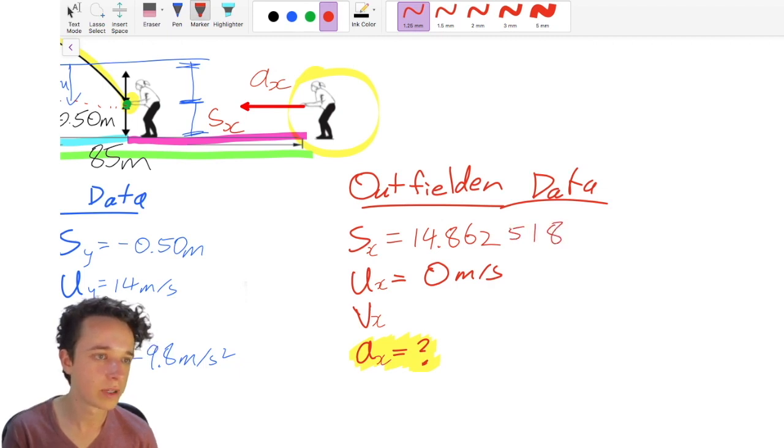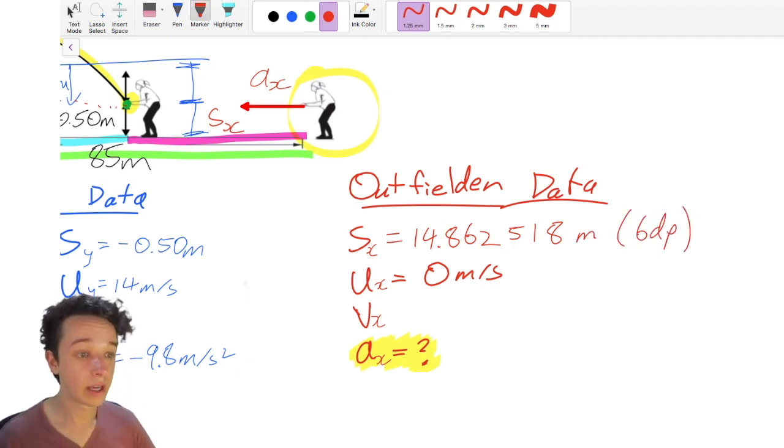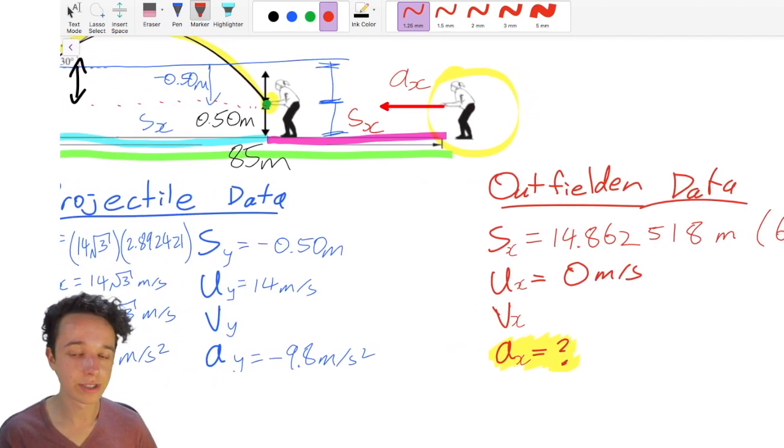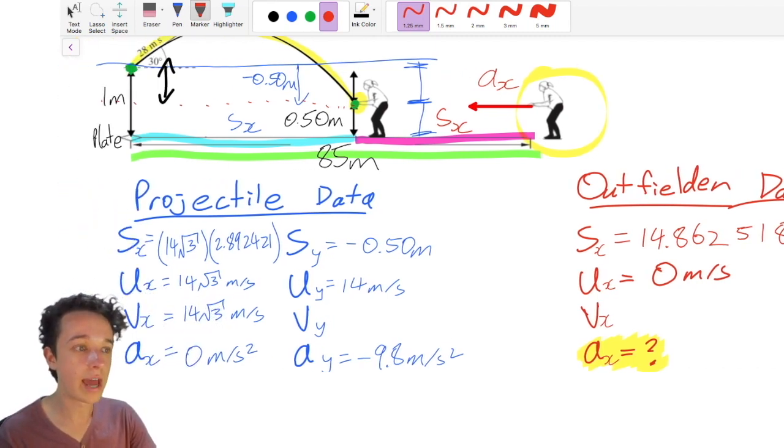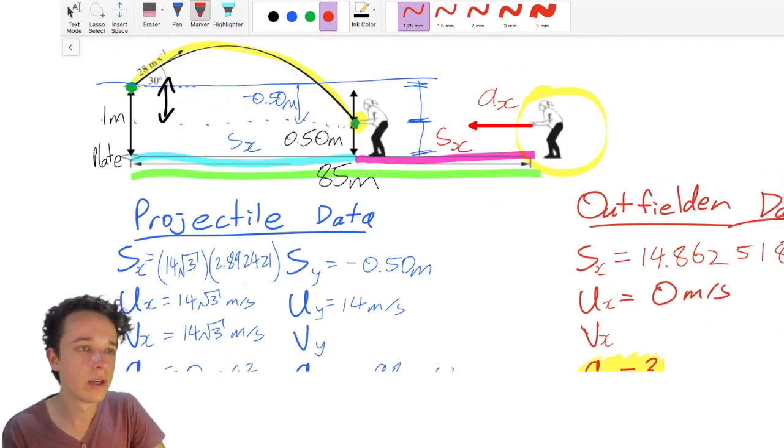That's to 6 decimal places. Again, the reason I'm writing 6 decimal places instead of something more compact like 2 is because it's not our final answer, right? It's, again, just a stepping stone. But 6 decimal places will probably be adequate in terms of accuracy. So we know this distance here, this sx here.